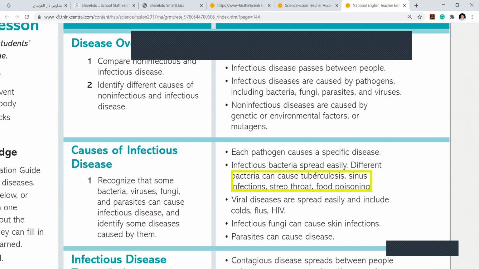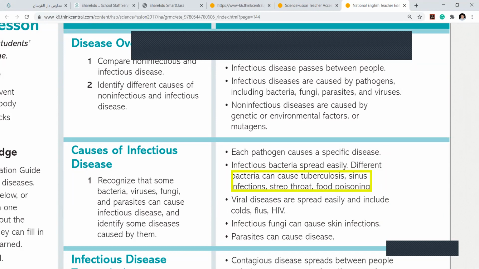So that is sinus. Few people have that. Strep throat, food poisoning, all these are caused by different bacteria. Viral diseases are like HIV, flu, colds, corona. All these are virus diseases.